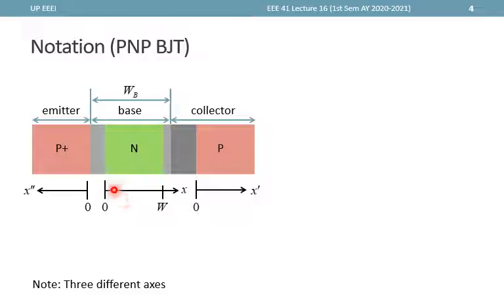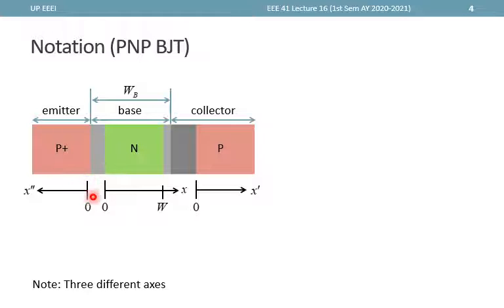For the base, we use the variable x and start at the end of the depletion region. For the collector, we use x prime and we start at the edge of the depletion region, whereas for the emitter, we use x double prime and it is leftwards, starting from the edge of the depletion region.